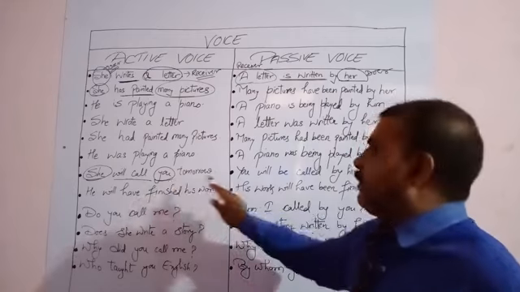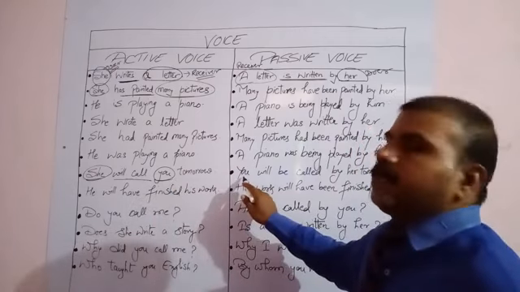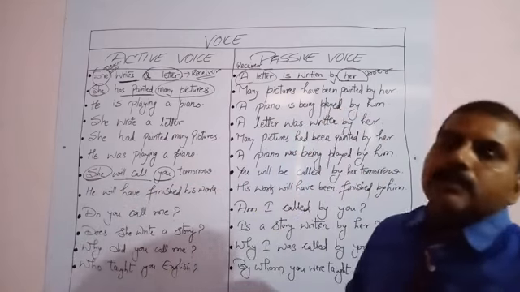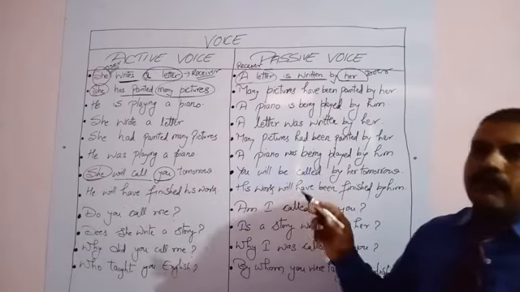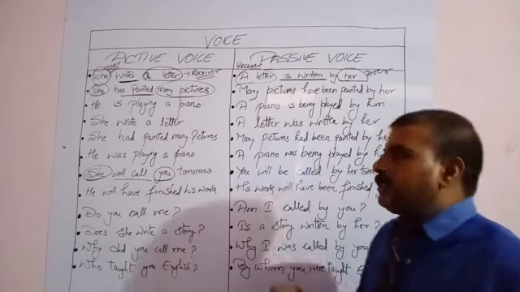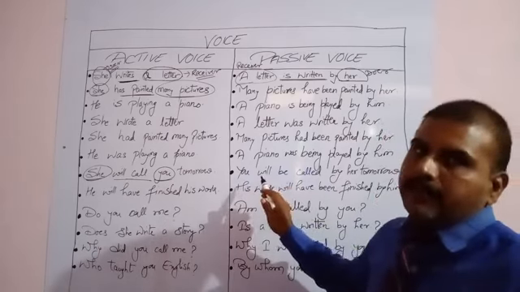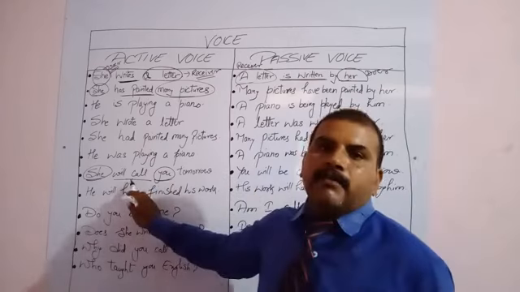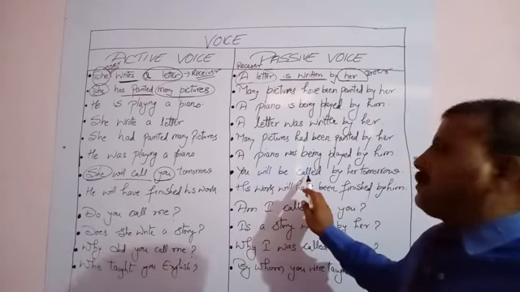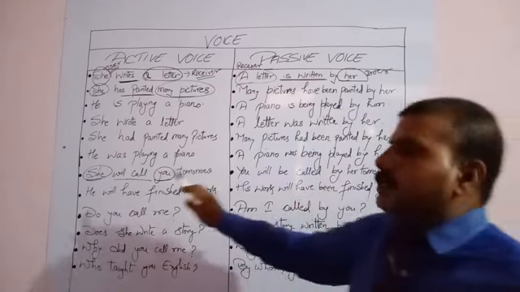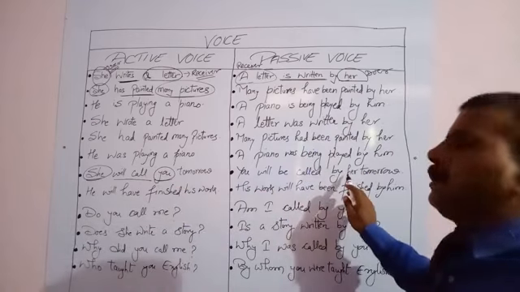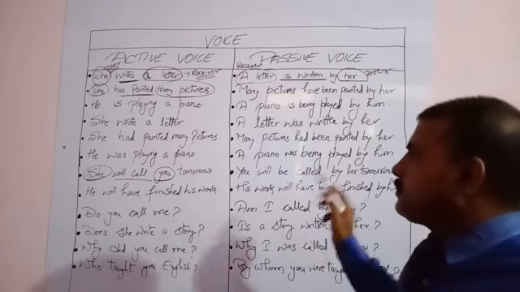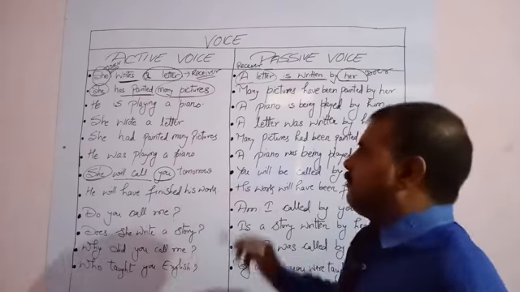As you is the receiver, you become the subject here. Now, following the structure for passive voice in future indefinite tense, "will be" or "shall be." So "will be," then the third form of the verb. Call is the main verb, and the third form is called, by her. She became the object, her. Tomorrow is the remaining part of the sentence. So these are the changes we made.